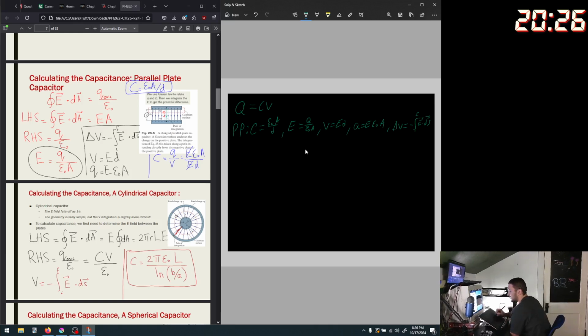Gauss's law: left hand side equals integral of E dA, and right hand side equals Q over epsilon 0. Okay.